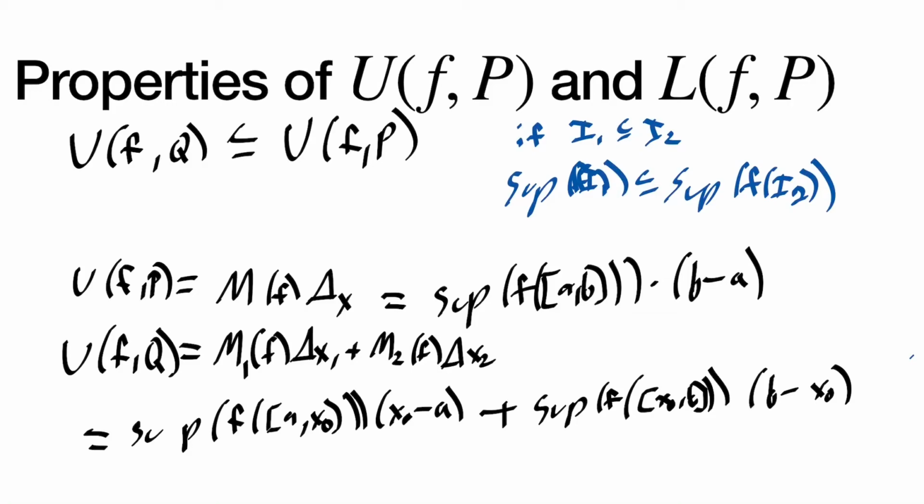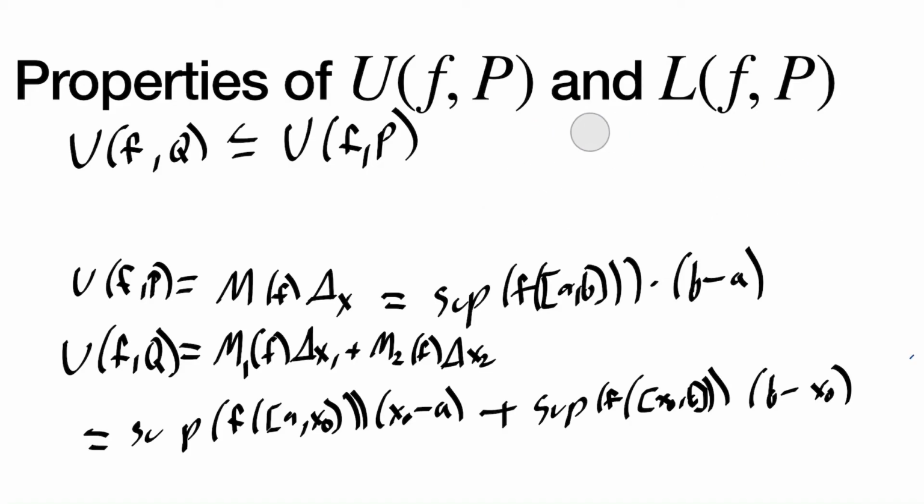And that's because I2 has gotten bigger, so you've only added more points, and the only thing you could have done is make that sup go up. You couldn't have possibly made it go down by adding more points. So the smaller interval always has a lower sup than the interval that contains it. Notice that this sup has to be less than this one, because this only goes halfway from a to x naught versus this one, which goes all the way from a to b. Similarly, this one has to be less than that one.